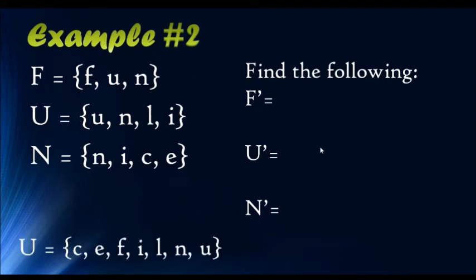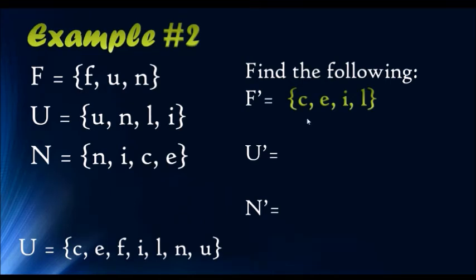So this will be our universal set with your C, E, F, I, L, N, U. Okay, so first we have your F complement. What are the elements here in the universal set that are not found in set F? Very good. We have your C, E, I, and L.